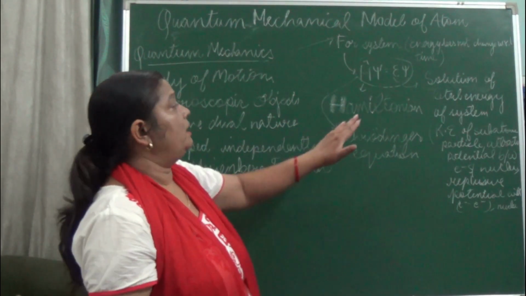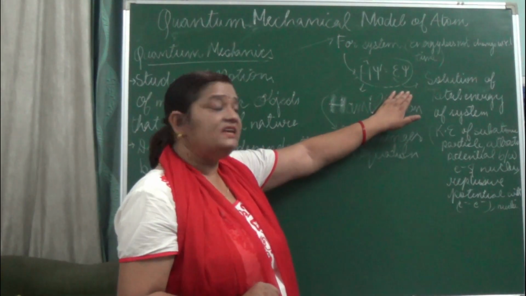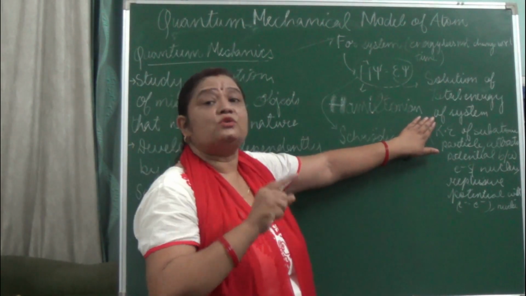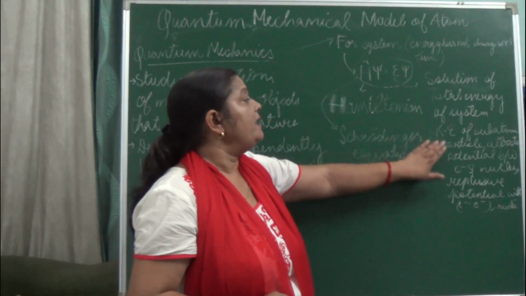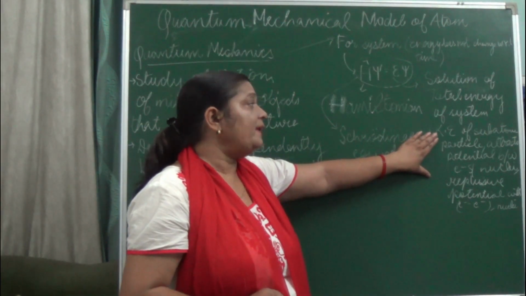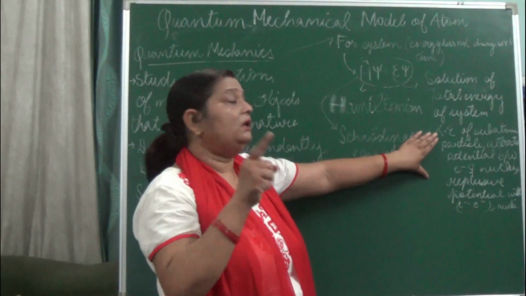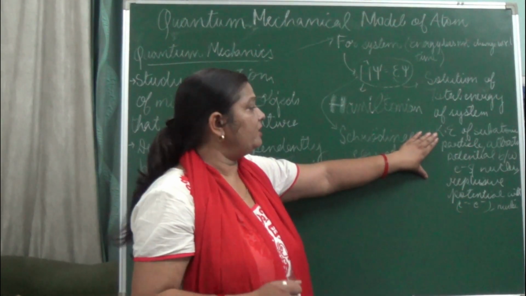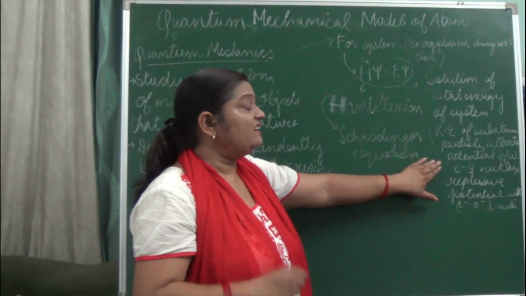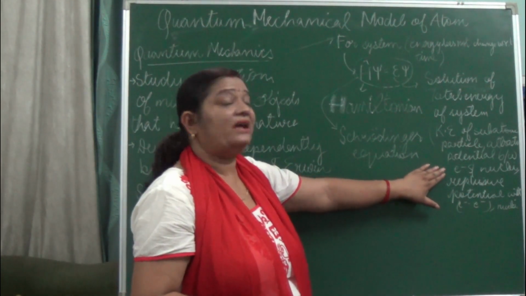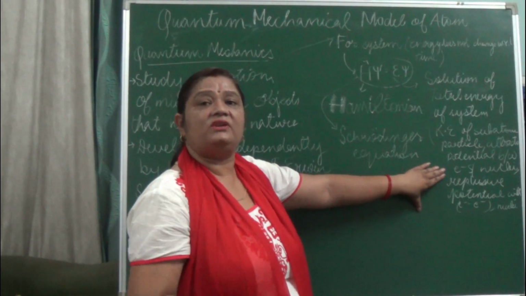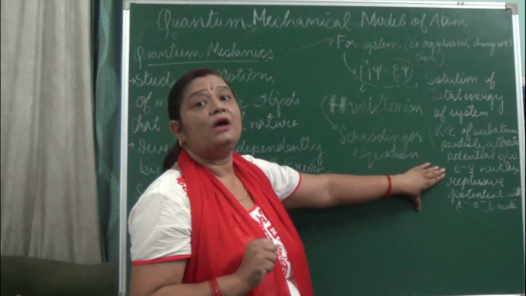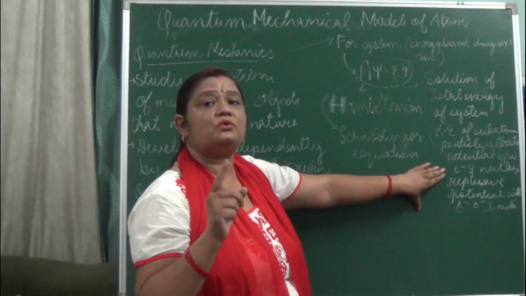Here, what is this E psi? This is the solution of the total energy of that system. What is this total energy? It is the total kinetic energy of the subatomic particle, like the electron, for example, and the attractive potential between the electron and the nuclei. Electron is negatively charged. Nuclei is positively charged, as it consists of protons, which are positively charged, and neutrons, which are neutral.